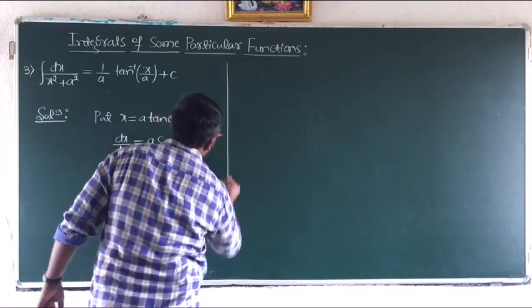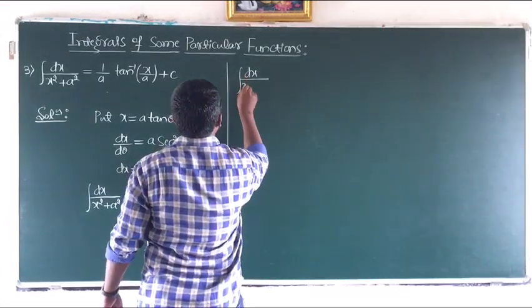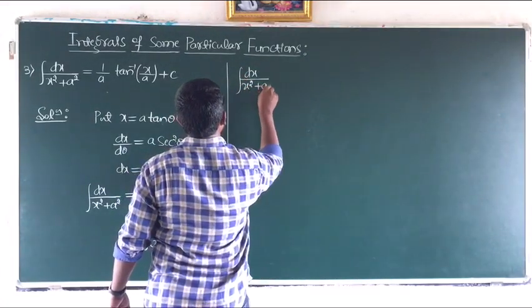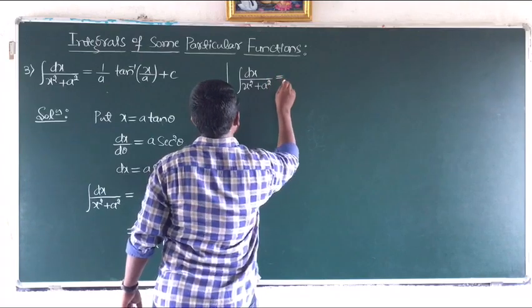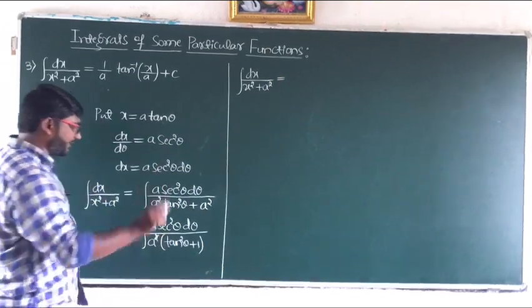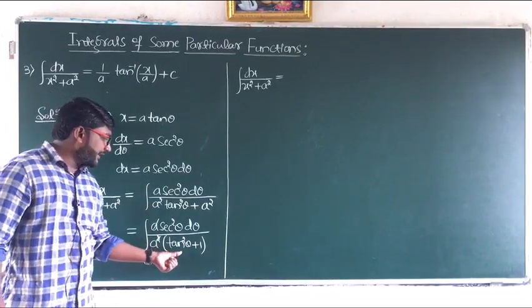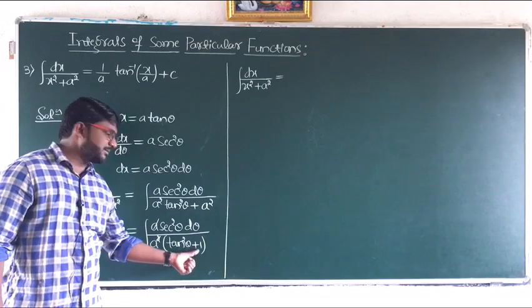So here integral dx upon x square plus a square, which is equals to, see here, a and a get cancelled, you have one more a in the denominator. And what is this tan square theta plus 1?